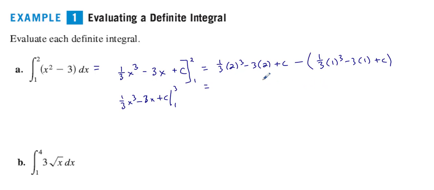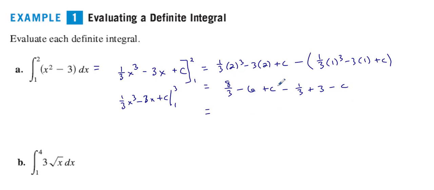Okay, what would that be? What, 8/3 minus 6 plus c minus 1/3 plus 3 minus c.